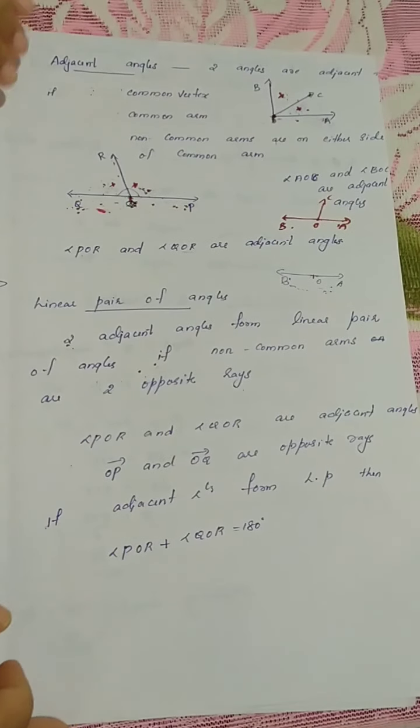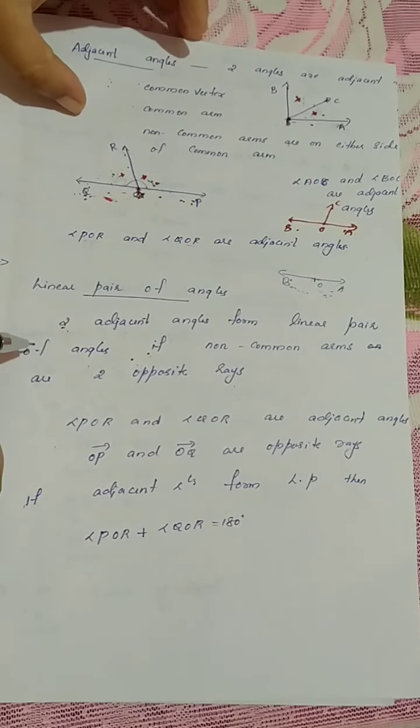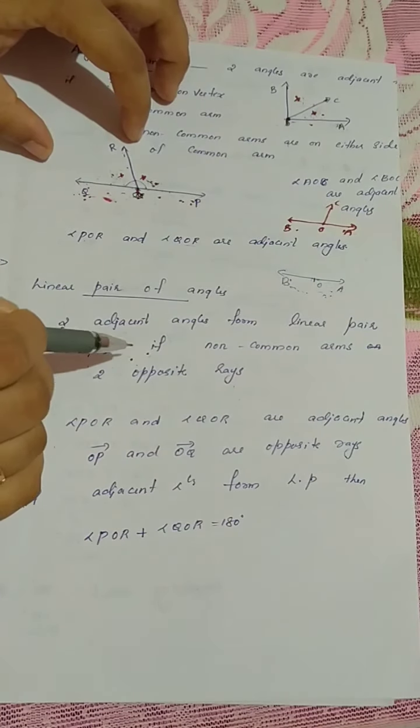Also, you are given that reason. The reason for forming a linear pair is that non-common arms are two opposite rays.